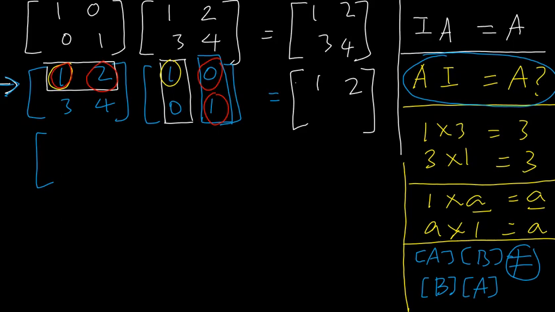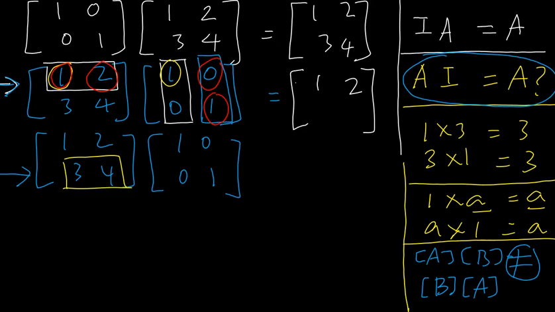Okay, now we try the second row. We multiply with the second row, this one, second row, multiply with the first column. With the first column you should get the answer here, right?